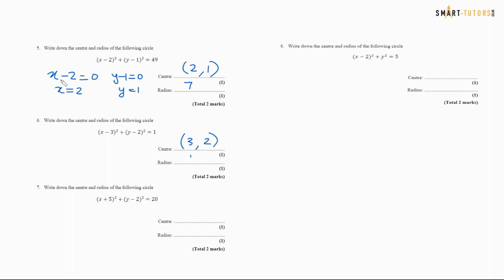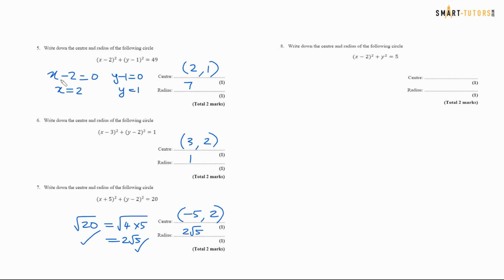Square root of 1 is 1. Question number 7: x equals minus 5 and y equals 2 and the radius is the square root of 20. You can write it as the square root of 4 times 5; the square root of 4 is 2, so 2 root 5 is the radius. You can leave it as the square root of 20 or, in simplified format, 2 root 5.